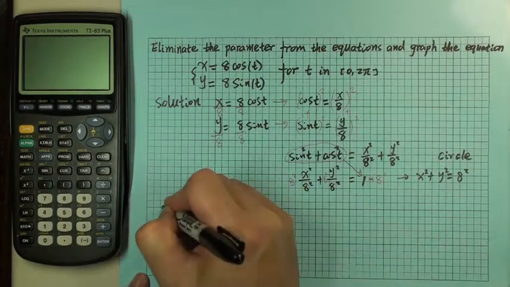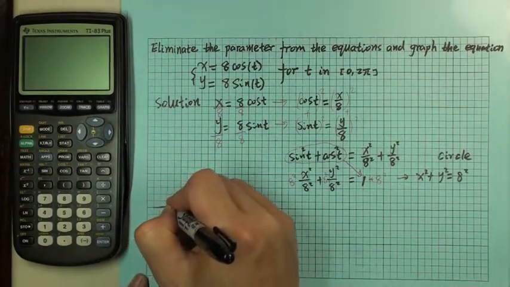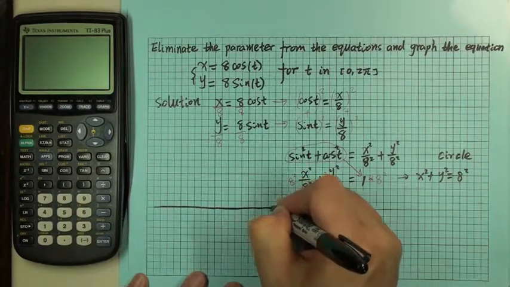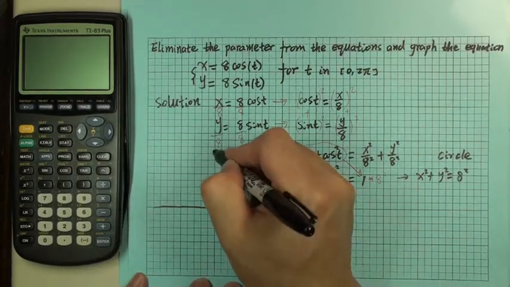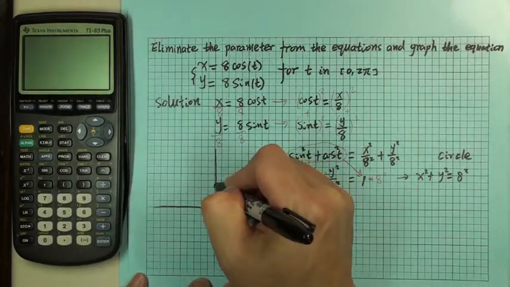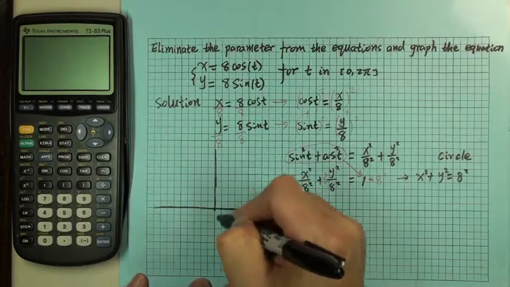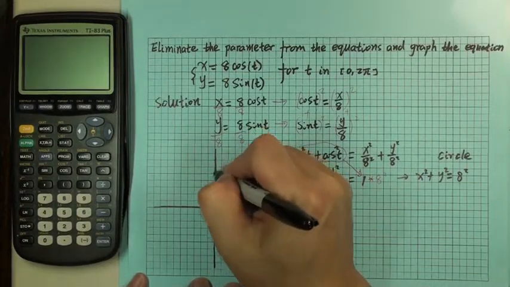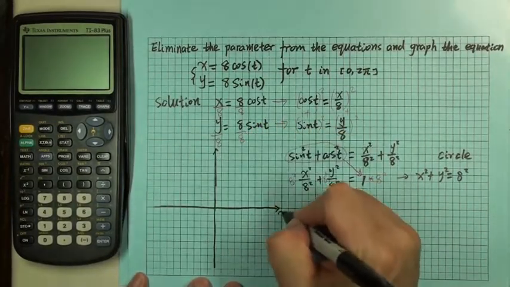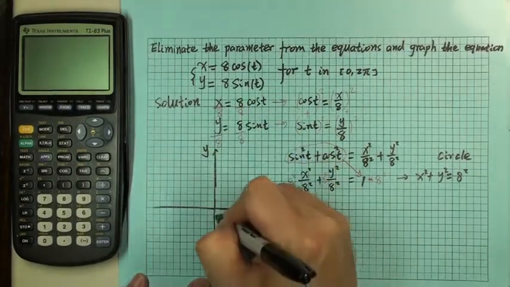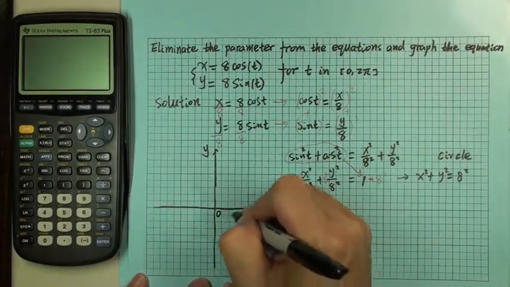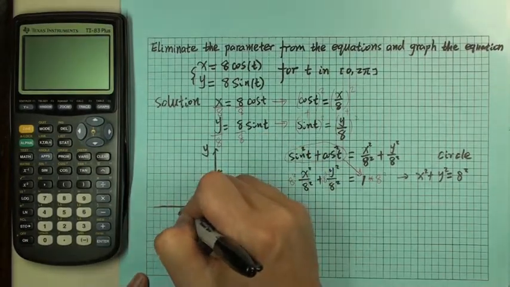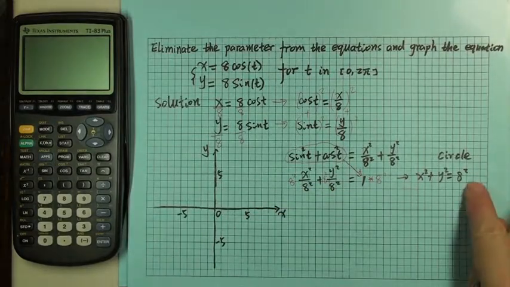Okay, so let me draw this one. Okay, this is x, this is y, this is origin, this is 5, negative 5, 5, negative 5. And here the radius is 8.